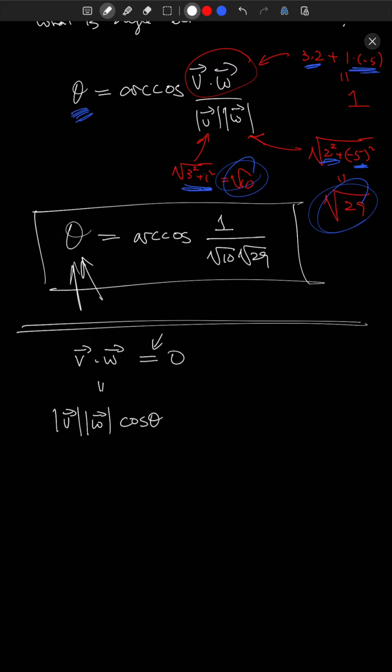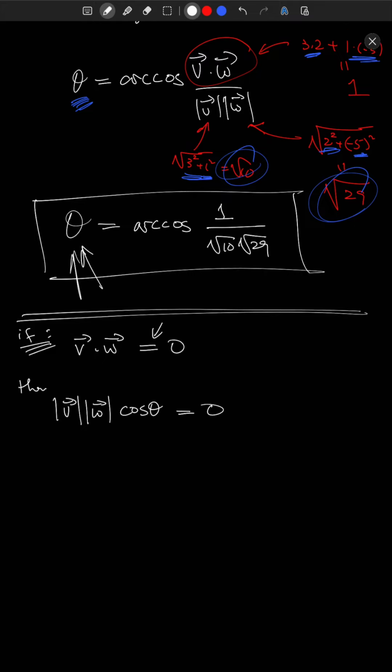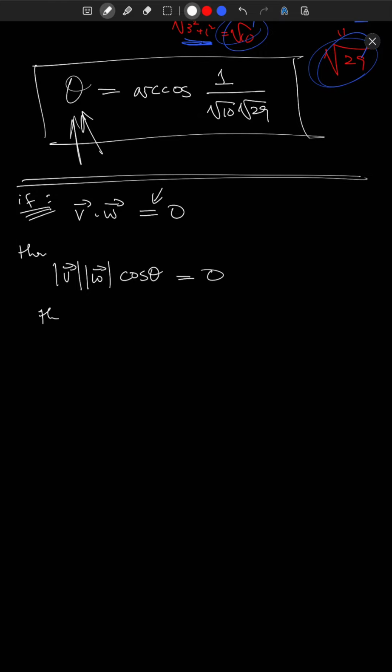So if I know v dot w is 0, what's the implication of that in terms of geometry? Well, that means 0 is equal to this, which means that either the length of v is 0, so v is the 0 vector, or w is the 0 vector, or cosine theta is equal to 0.